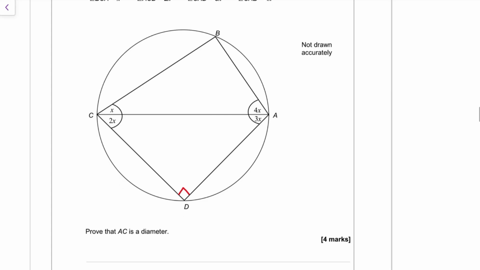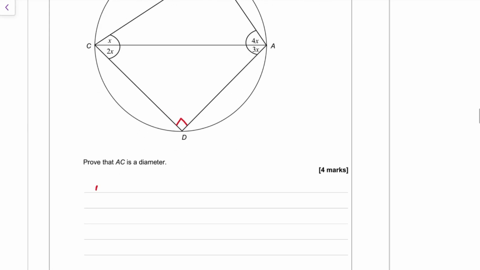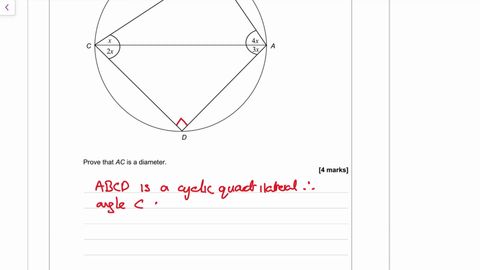Okay, I'm going to start by saying that ABCD is a cyclic quadrilateral. And because these are points in the exam, I'm going to write all this down. I don't normally write these down on my daily sheets. Cyclic quadrilateral, therefore, what can I say? Angle C plus angle A equals 180 degrees.